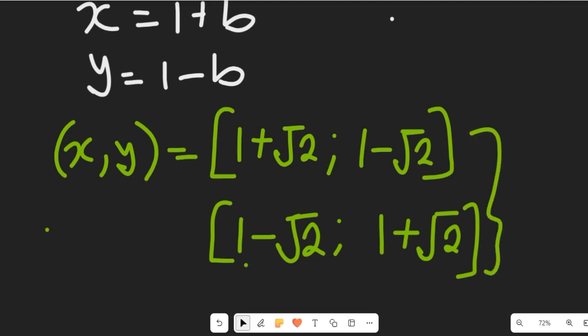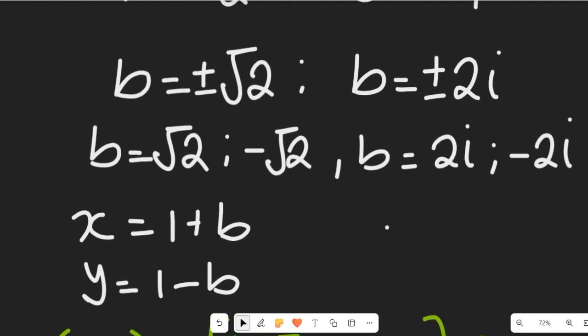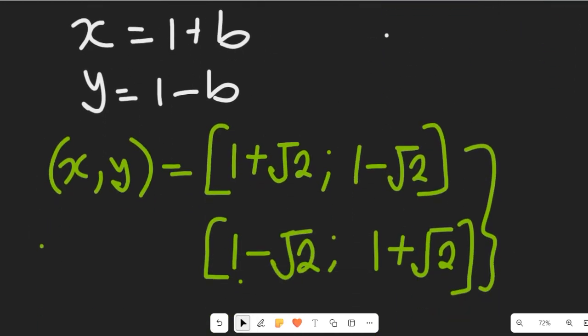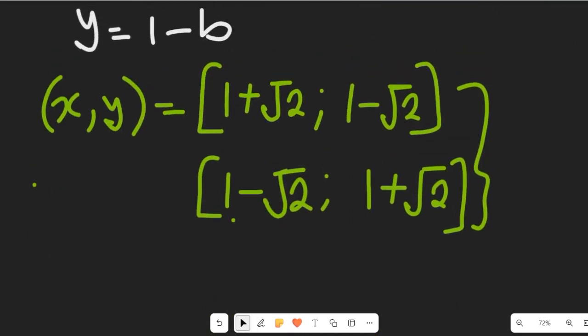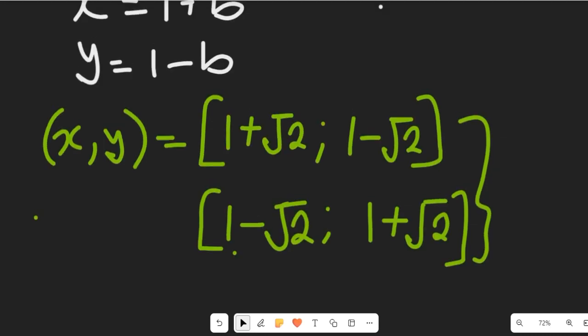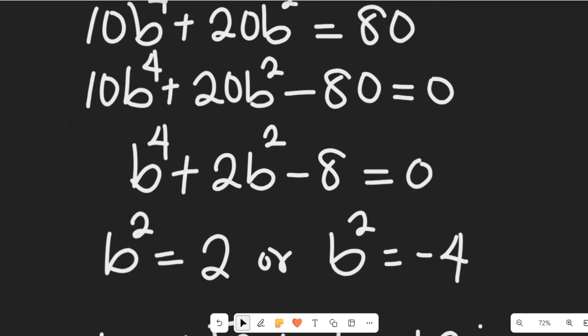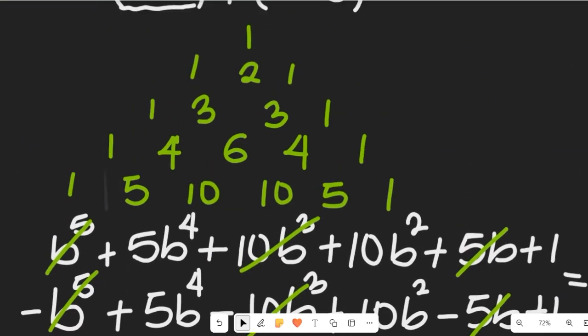Now recall that the other two solutions, which come from the imaginary values of b, are imaginary solutions. So the answer we're going to get for the values of x and y will be one of these pairs, whichever is the solution to the expression that's given to us above.